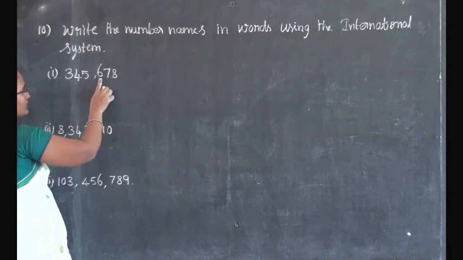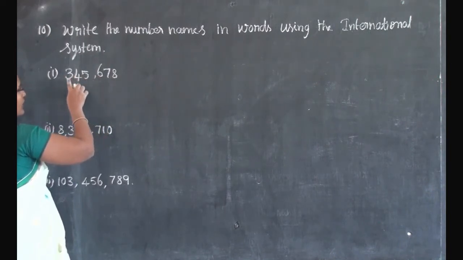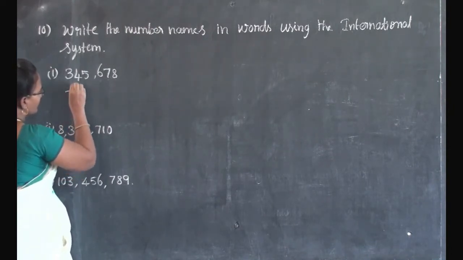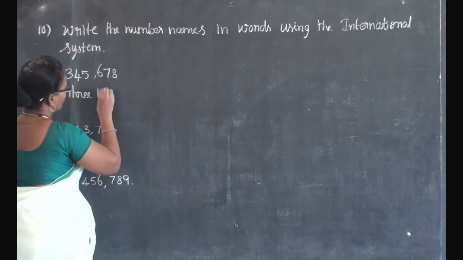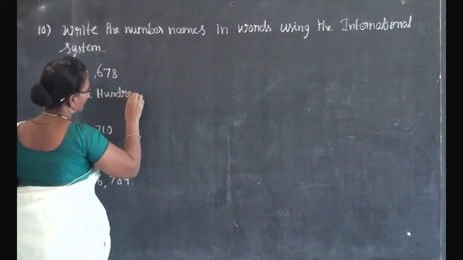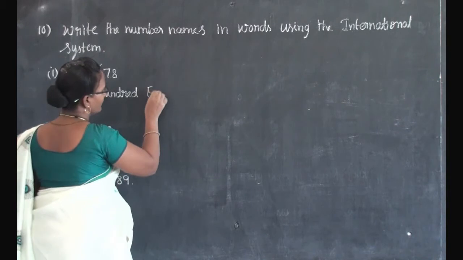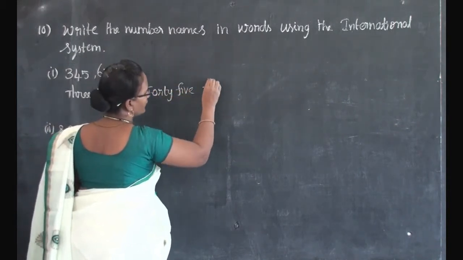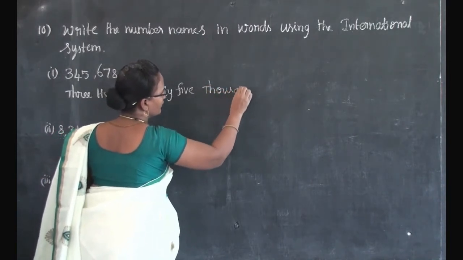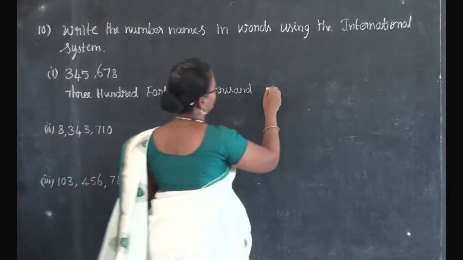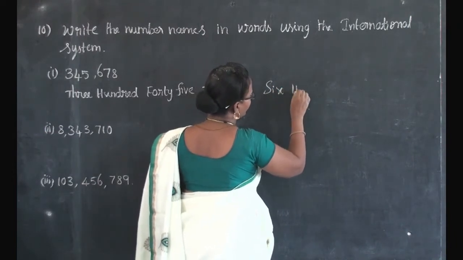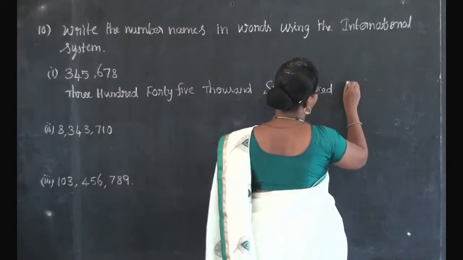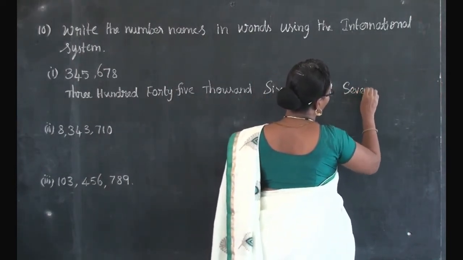Ones, tens, hundreds, thousand, 10,000, 100,000. So write the number name. 345,000. 678.